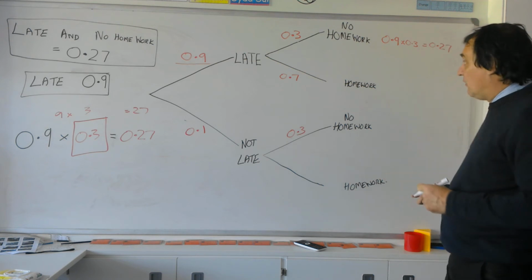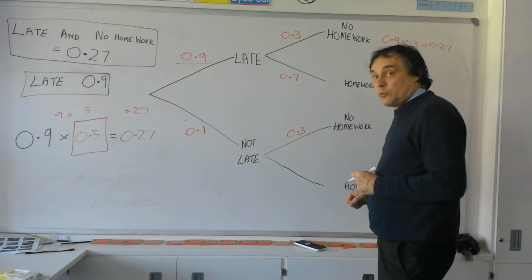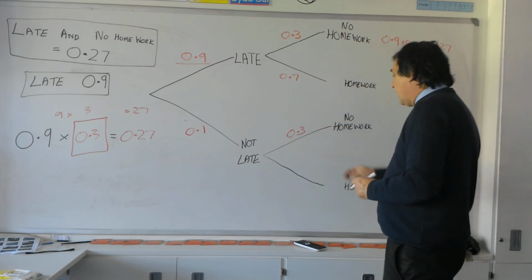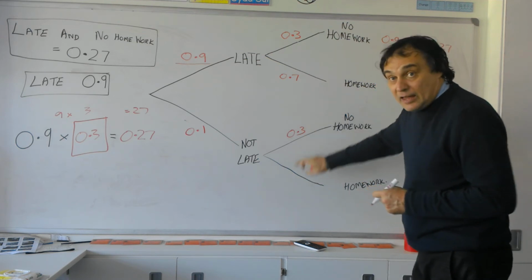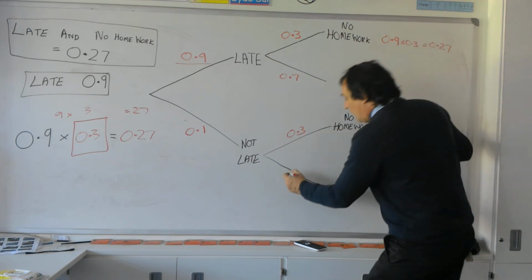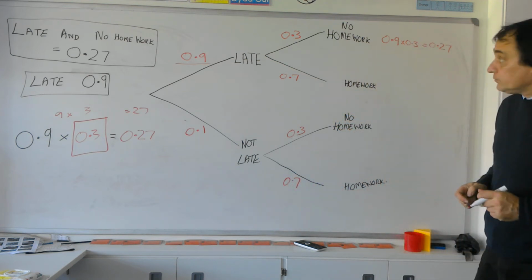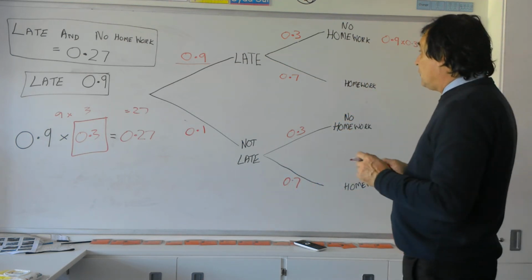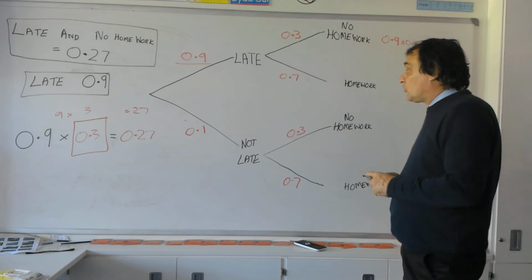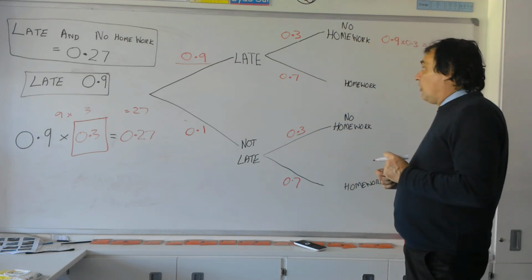They're independent events. So that's 0.3 as well. And in the same way, with our rule of 1 here, adding the two together, 0.3, 0.7 must be the probability of handing homework in. So there, we've managed to fill in the whole probability tree using that reverse method.